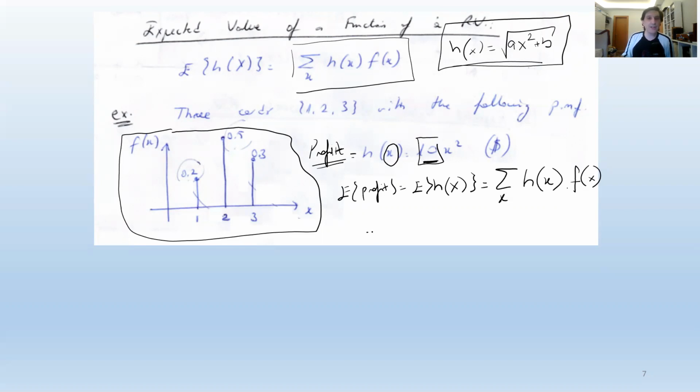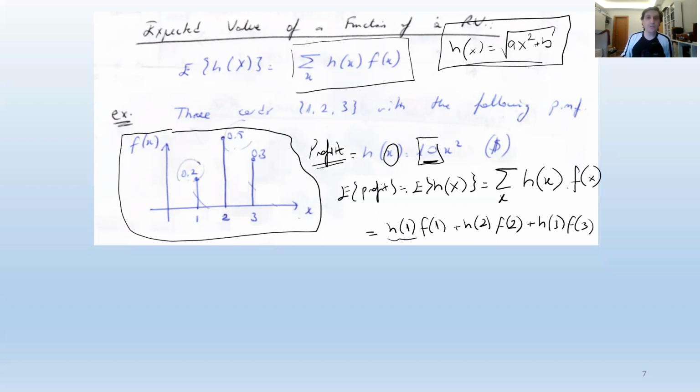So we have 3 values. It means h(1) multiplied by probability mass function of 1, h(2) times probability mass function of 2, and h(3) times probability mass function at 3.